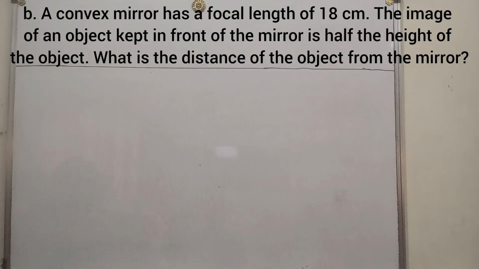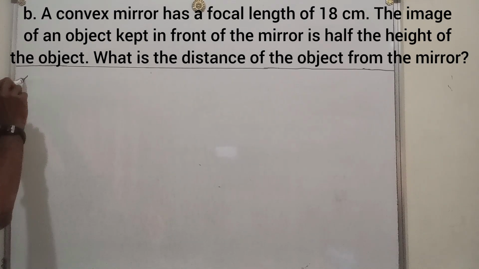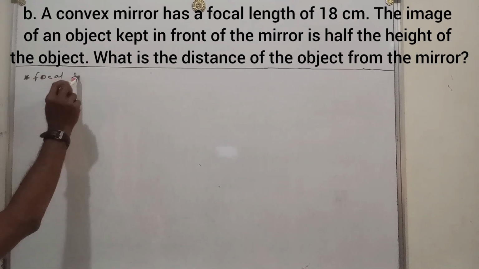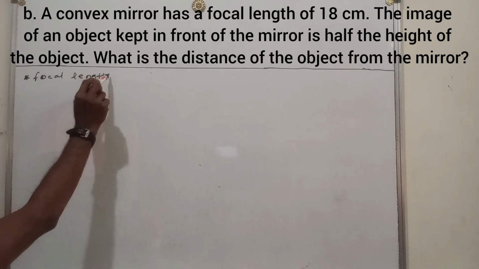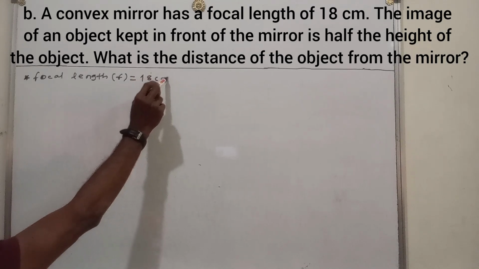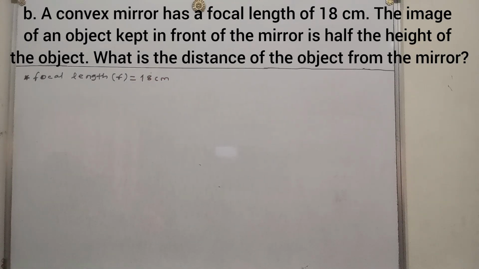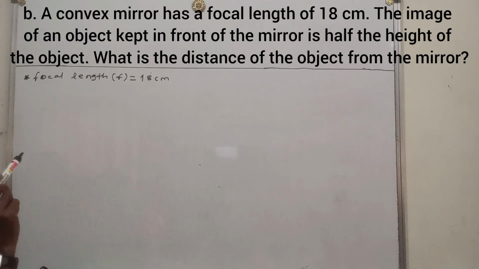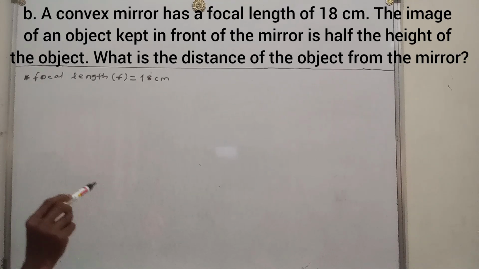A convex mirror has a focal length f is equal to 18 centimeter. Convex mirror, so this is positive. The image of an object kept in front of the mirror is half the height of the object.